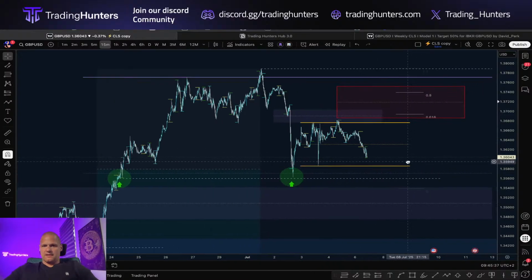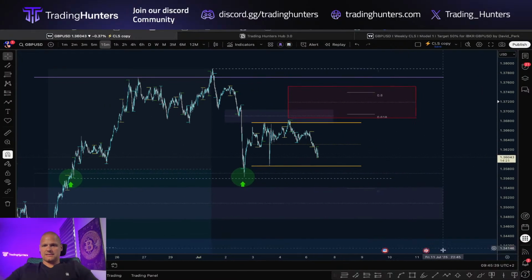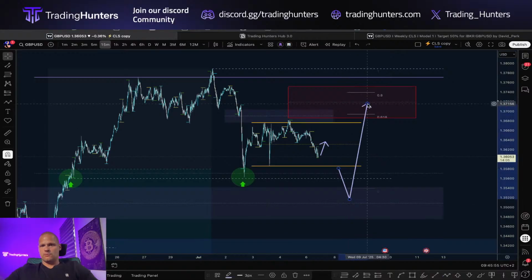But again, what I think is, this is like for the intraday play. It's not something where I want to put too much focus from my side, but I think once these two lows are broken in here, then this move is highly likely to happen.